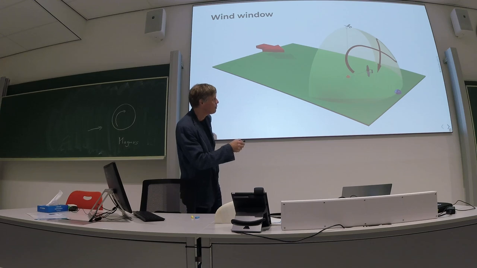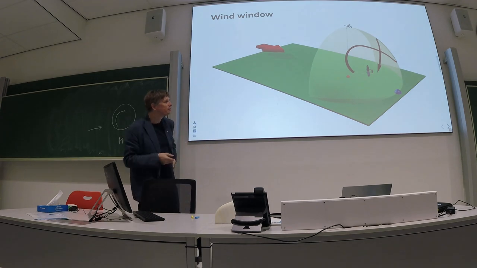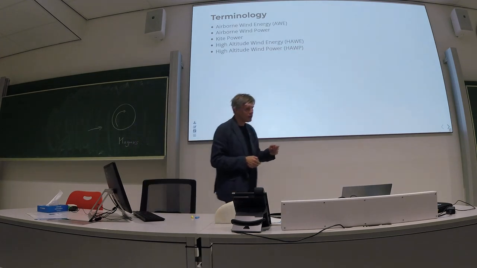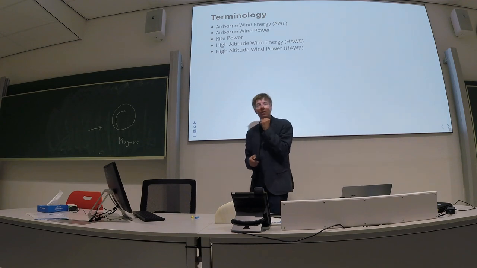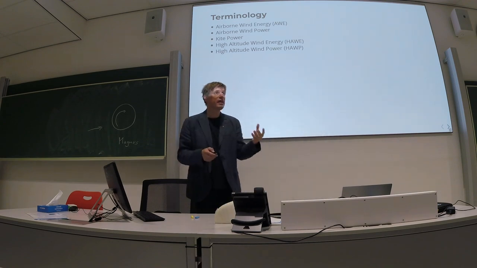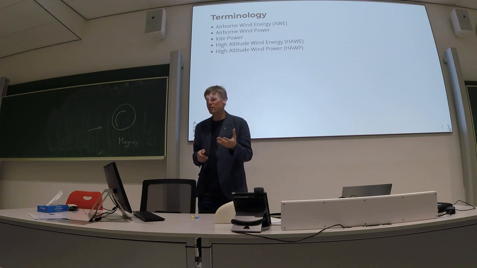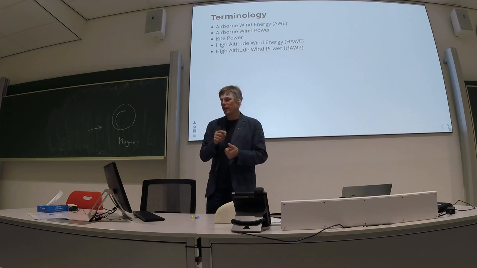And typically we fly these figure-of-8 maneuvers or circular maneuvers to have this crosswind motion. Maybe one slide about terminology, because I now call this airborne wind energy, but there have been other terms in use. You will find in older literature airborne wind power.